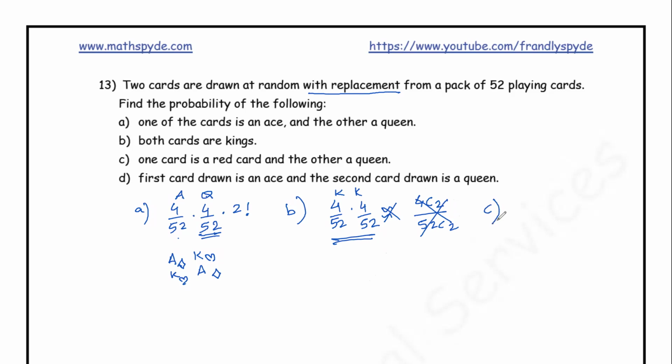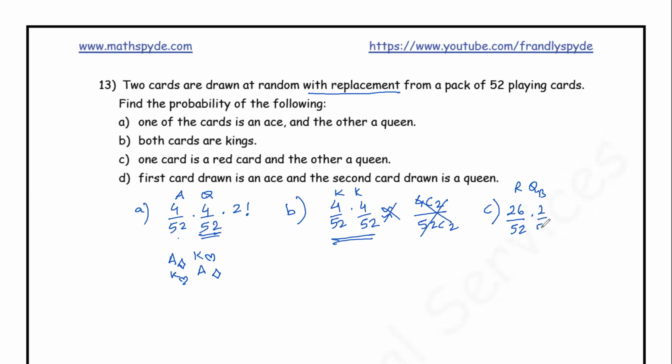Anyway, C. One card is a red card and the other a queen. So again, a complicated situation, red and queen. So I'll do the same thing as I did before, except that it will be 52. So this time it's with black queen.